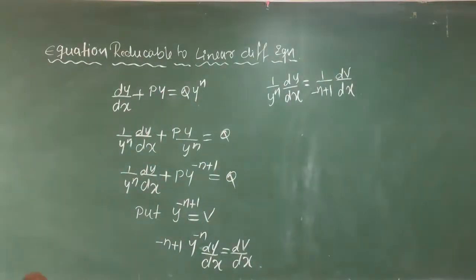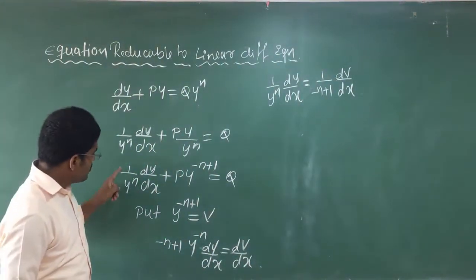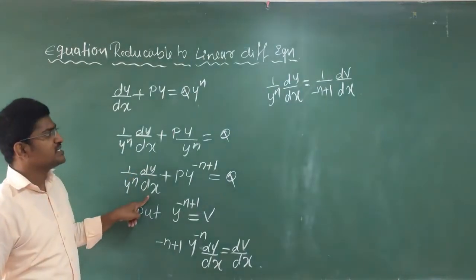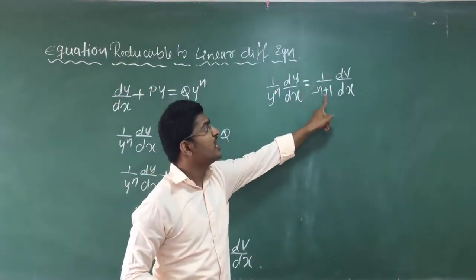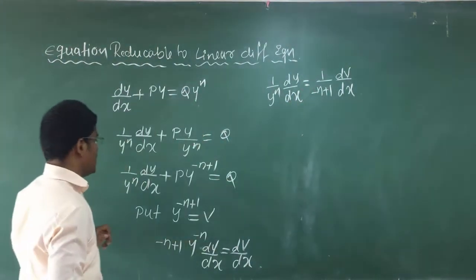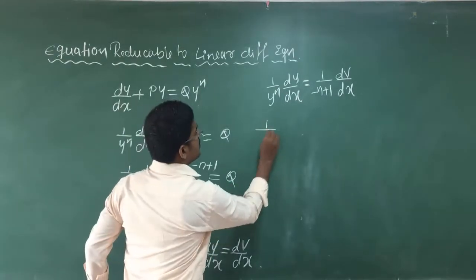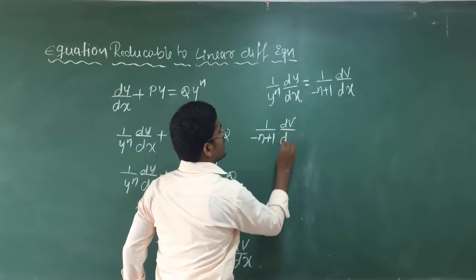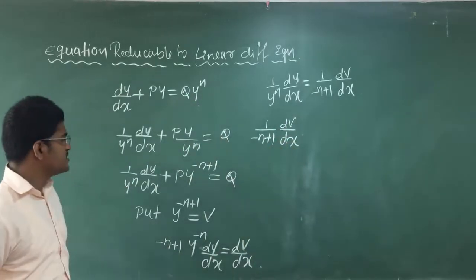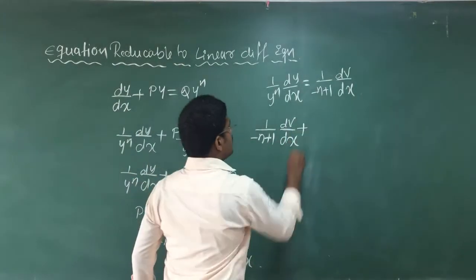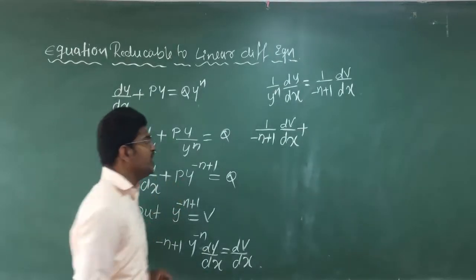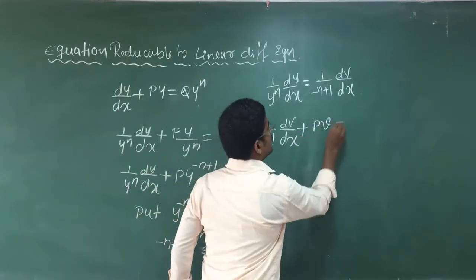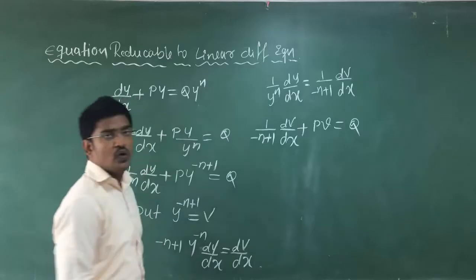Are you getting my point? So now 1 by y^n dy by dx can be written as 1 by minus n plus 1 dv by dx, plus p into v equal to q. Clear?